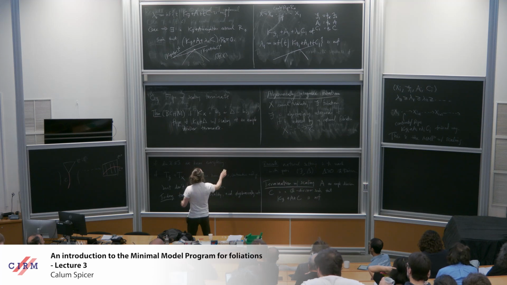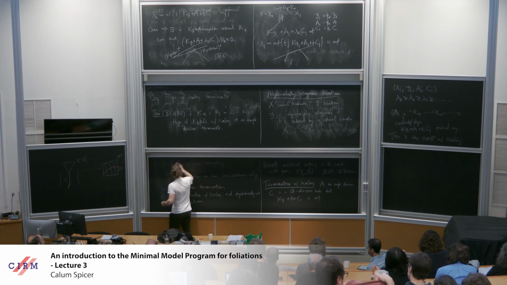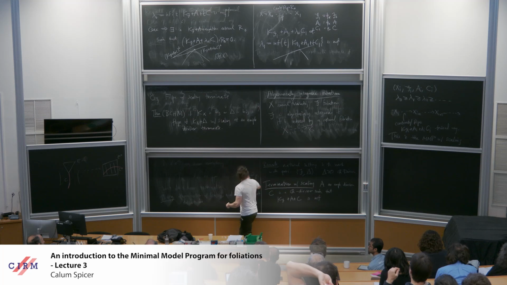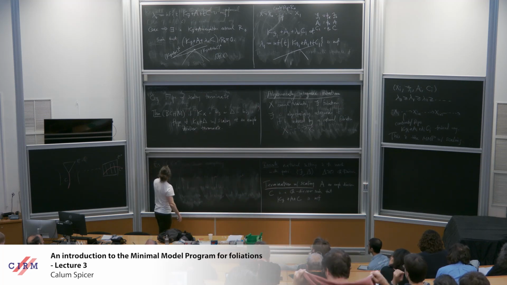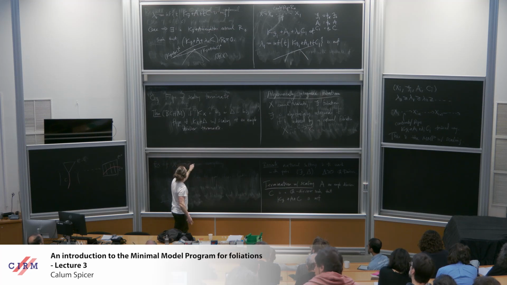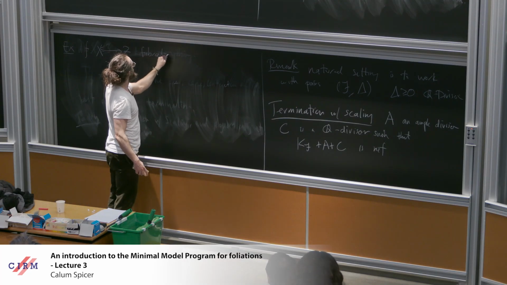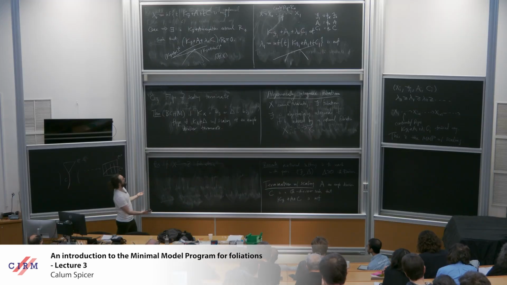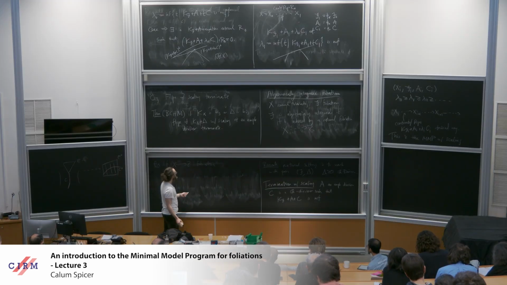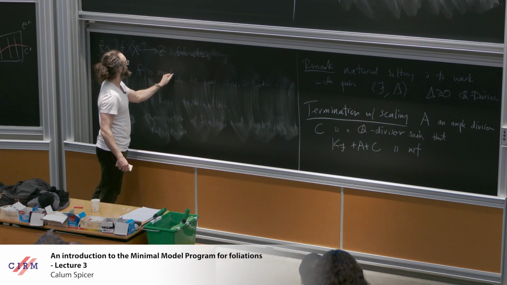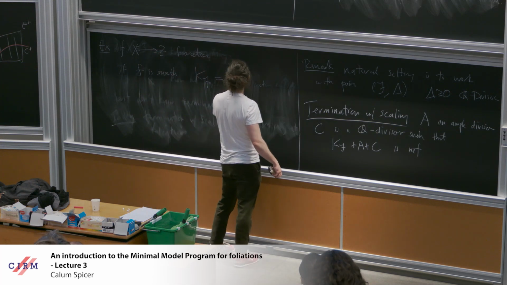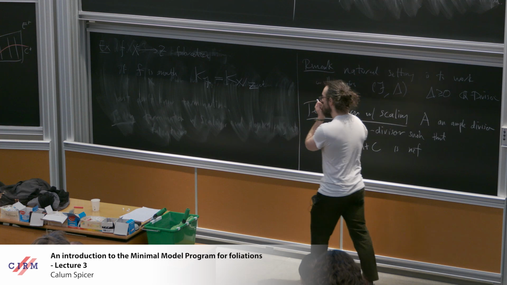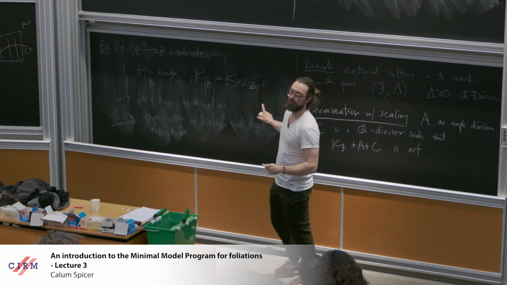For example, if f from X to Z is a fibration, we get a well-defined algebraically integrable foliation. And even better, if f is smooth, then K_F is nothing other than K_{X/Z}. But in general, these two divisors differ.